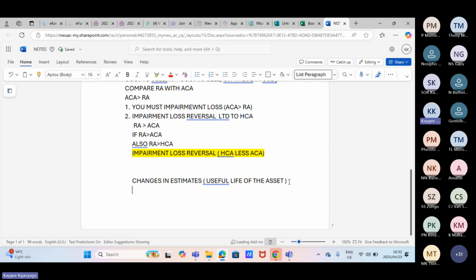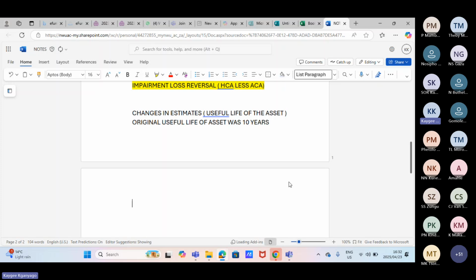Okay. Changes in estimates: let's say our original useful life of the asset was 10 years when we bought the asset.